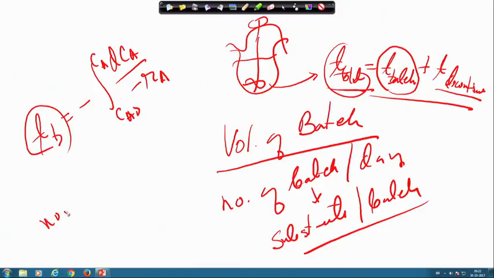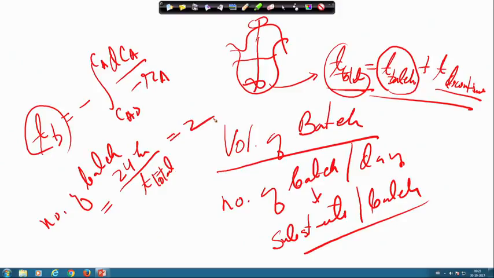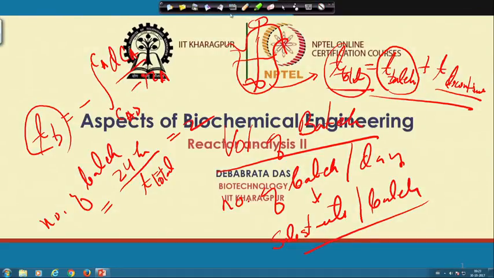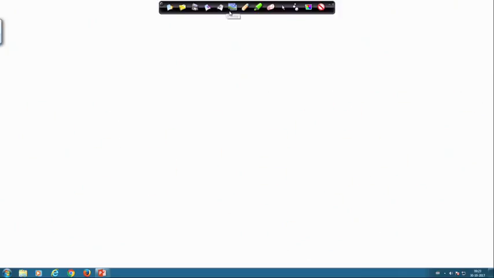Now, how can you calculate the number of batches? Suppose per day you have 24 hours, so the number of batches is 24 divided by T total. Suppose we have taken the basis of 100 kg of product per day. From that you can find how much substrate is required per day. Since we have two batches, the amount of product per batch will be 50 kg.